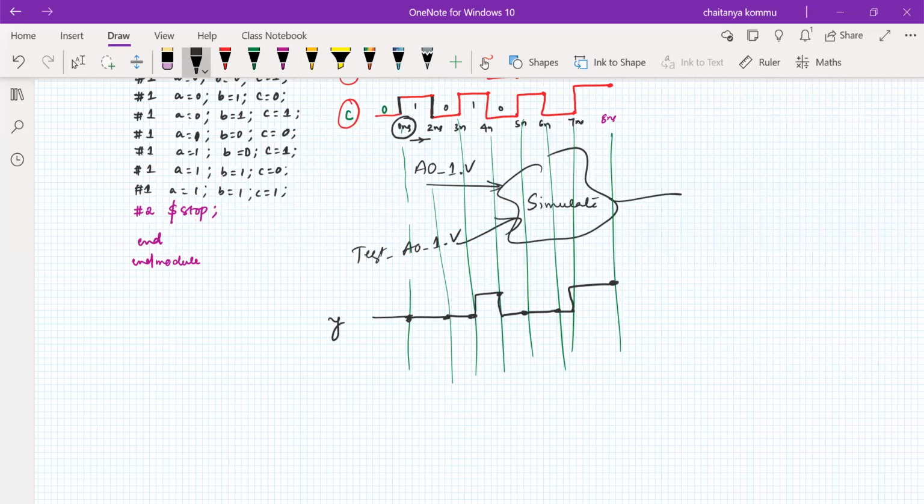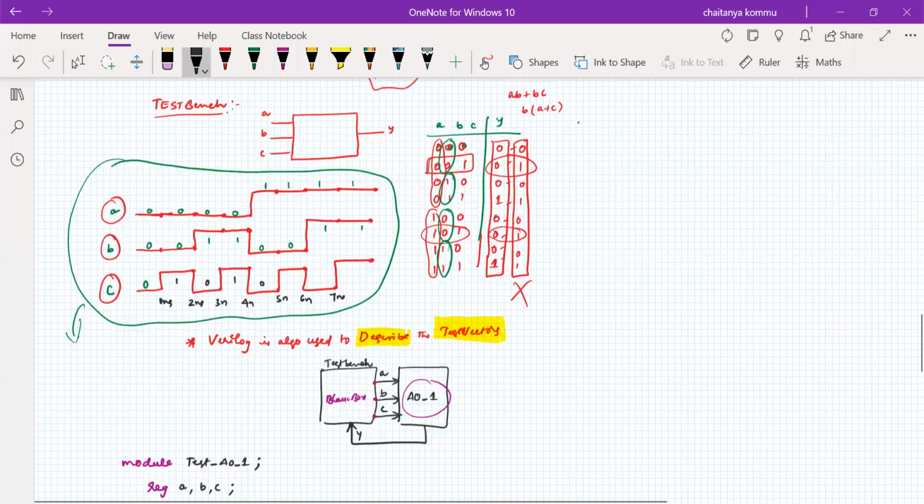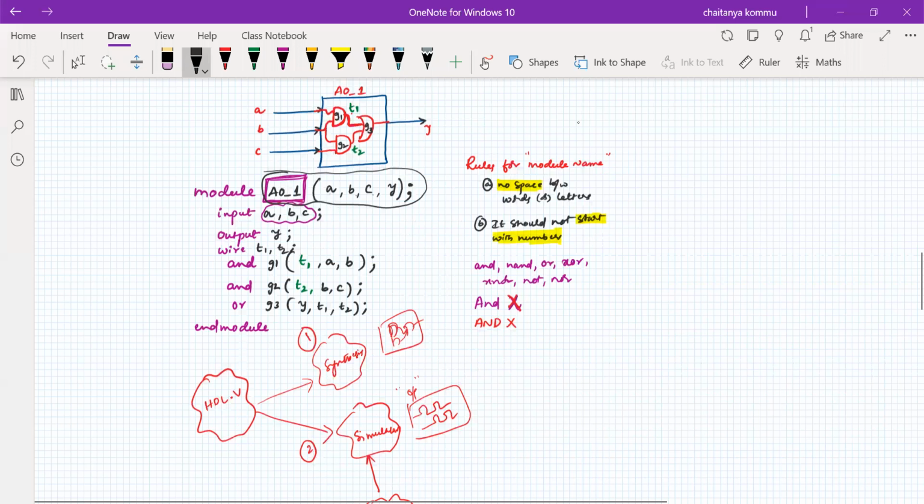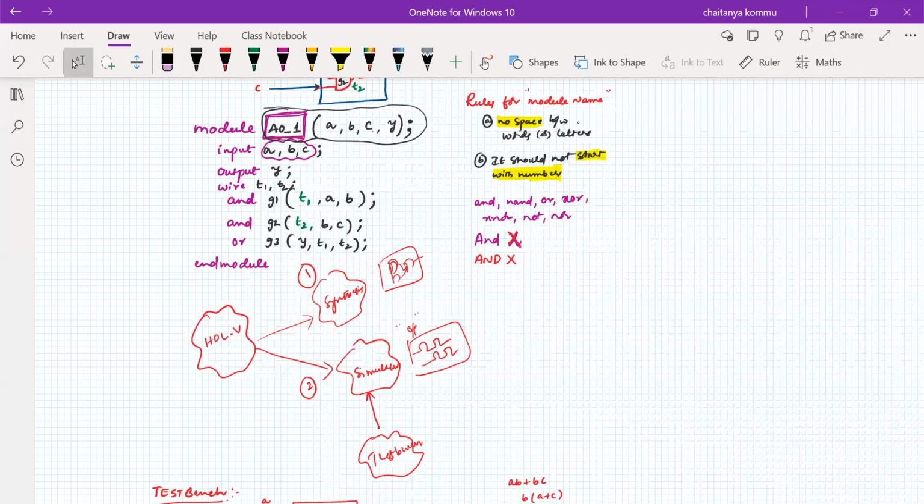This output Y is produced by the simulation tool. So this is what you can expect at this point, right? This is how we have to do the Verilog programming. Please note these 2 programs and take that link that I have given on how to run the Verilog program by using these things.